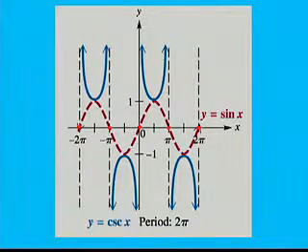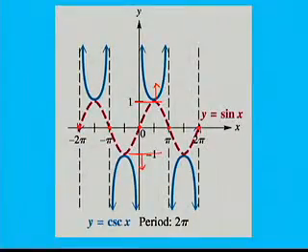So it's all real numbers except integer multiples of pi. The range. Well, you can see that cosecant will always be less than or equal to negative 1, or greater than or equal to positive 1. The graph is, of course, discontinuous, and that's why the domain does not carry the whole set of real numbers.